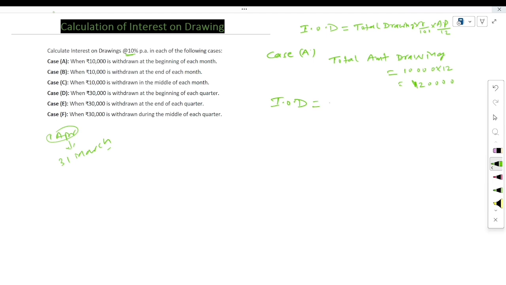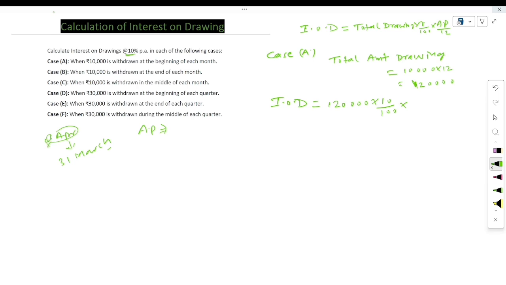Total amount of drawing is 1,20,000. Rate of interest is 10%, into average period. Now the question is: what would be the average period here? For calculating the average period, the formula is months left after first drawing plus months left after last drawing, upon 2.